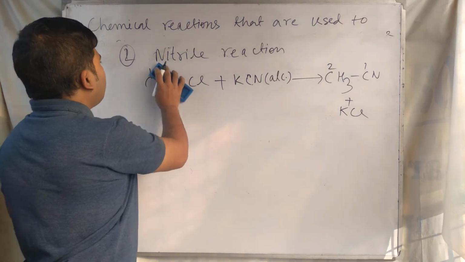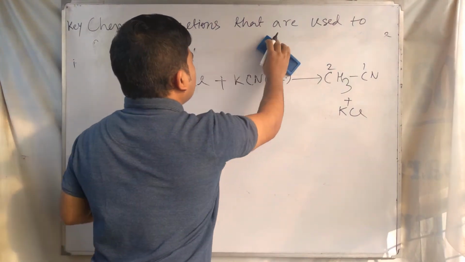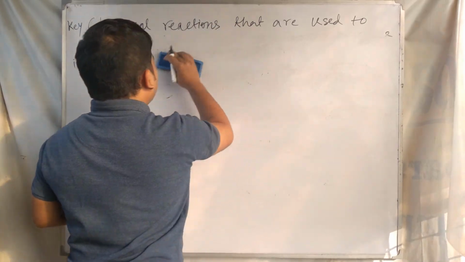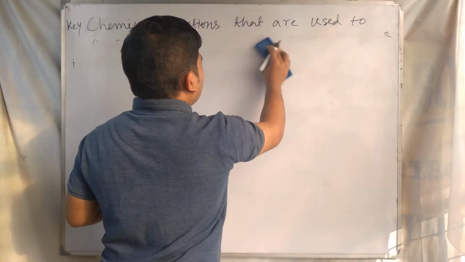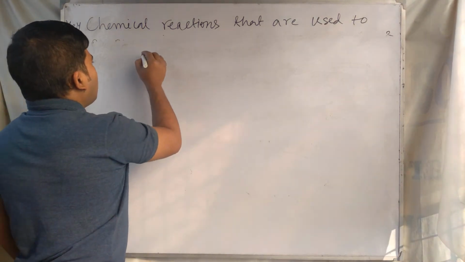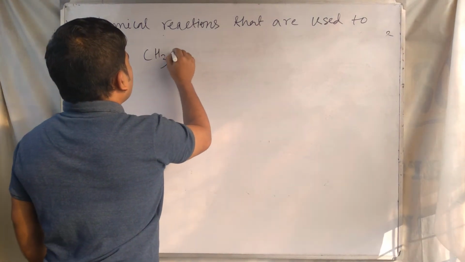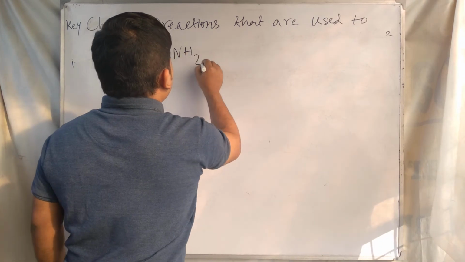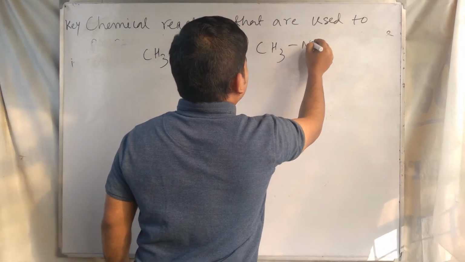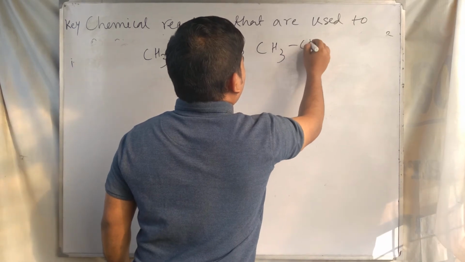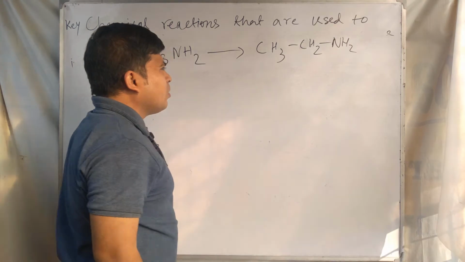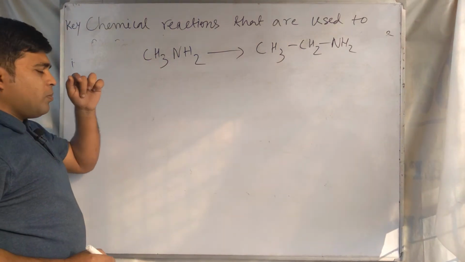And right now we see how we use these key step up reactions with some examples. Suppose you want to prepare ethylamine from methylamine.